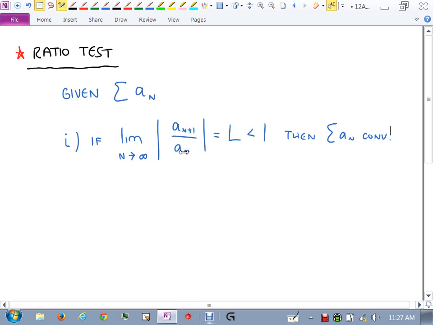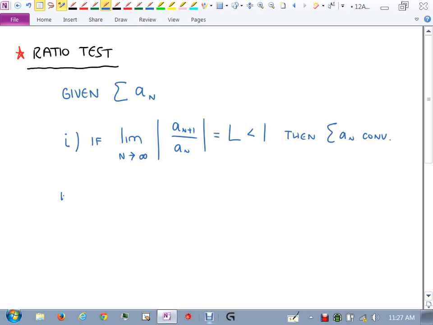You're taking the next term and dividing it by the one before it, and you're hoping that the ratio of those is less than 1. It's converging to a number less than 1. If that happens, the series converges.